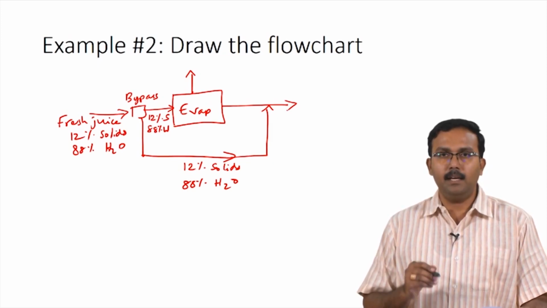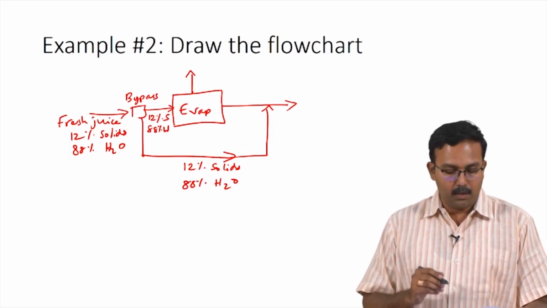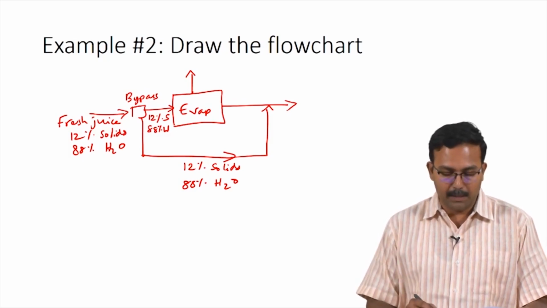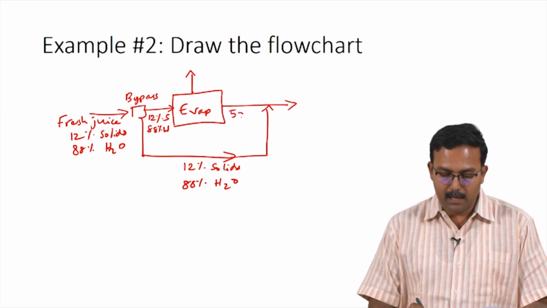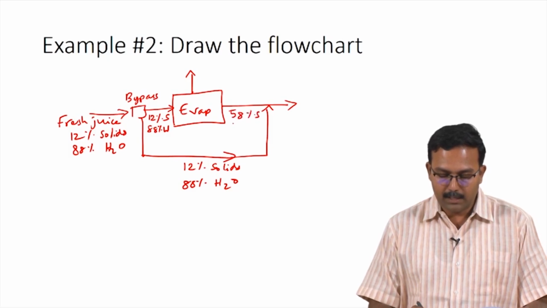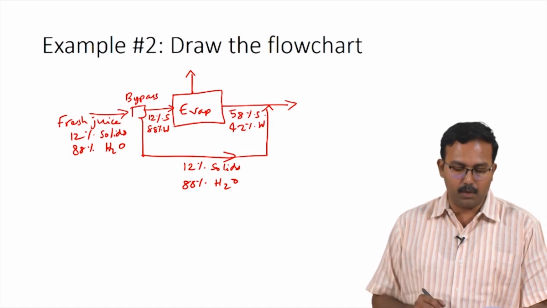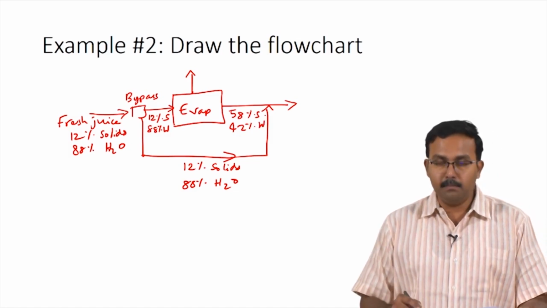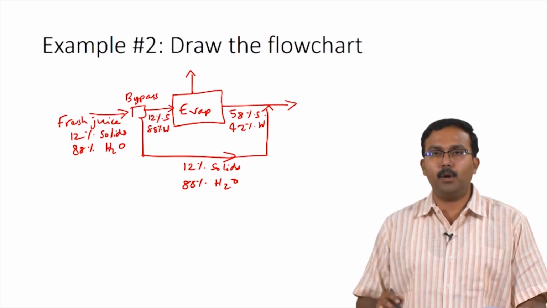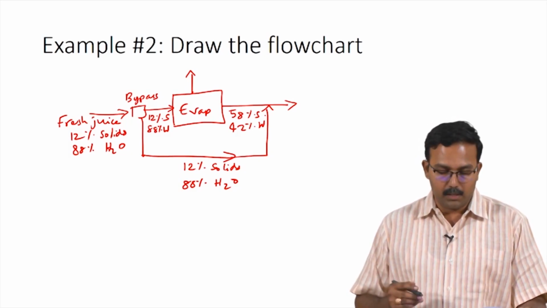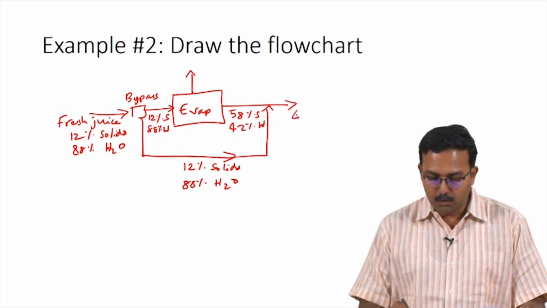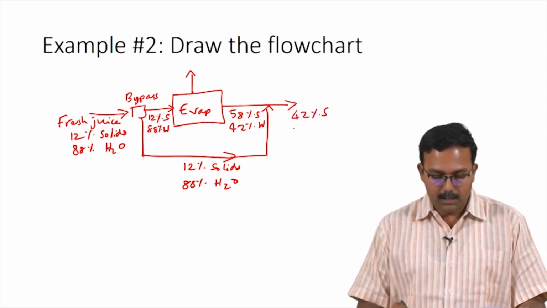It has been told that the concentrated solution or the concentrated juice leaving the evaporator would contain 58% solids and the rest would be water. So, let us call it 42% water and 58% solids. So, this is being mixed so that you get the final product which is the desired concentration of the solids. So, that would be 42% solids and the rest 58% would be water.